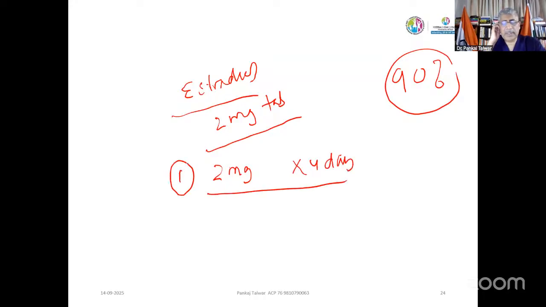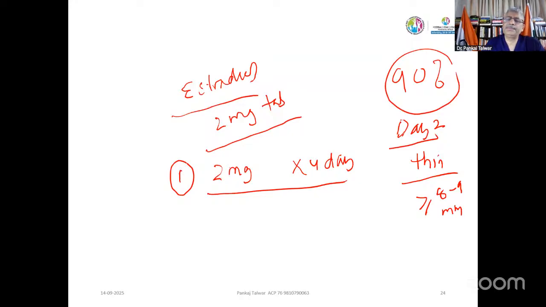Then on day 2, I will do a scan. In case the ET is thin and there is no follicle more than 8 to 9 millimeter, these are my entry points.